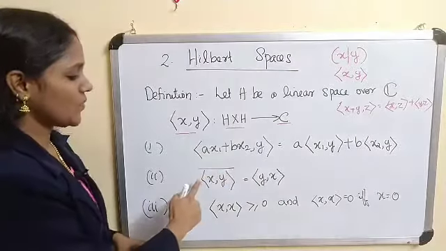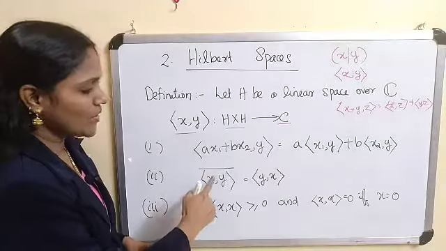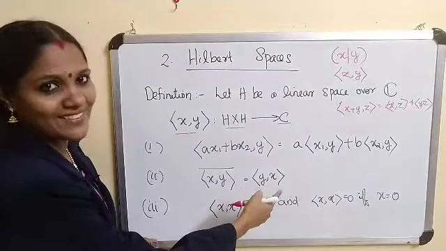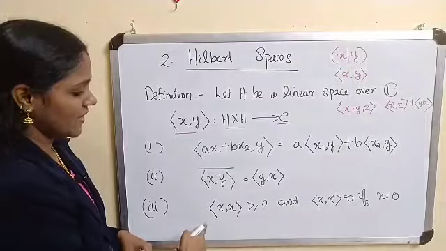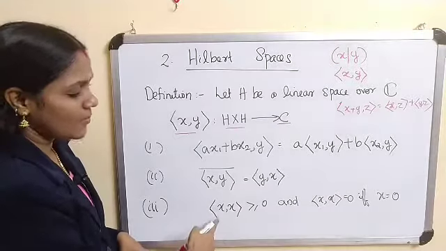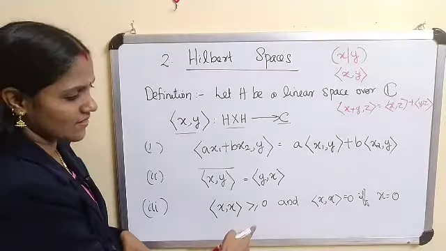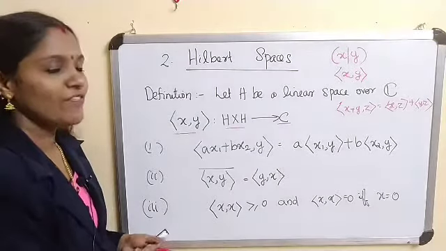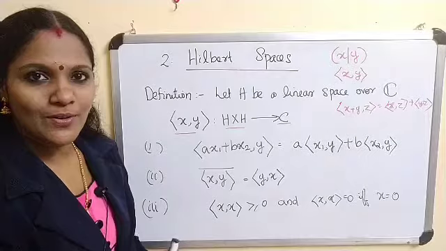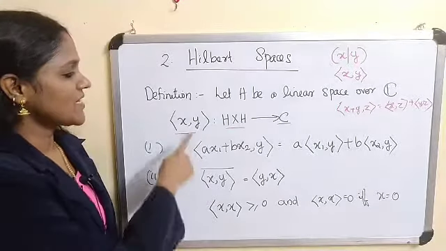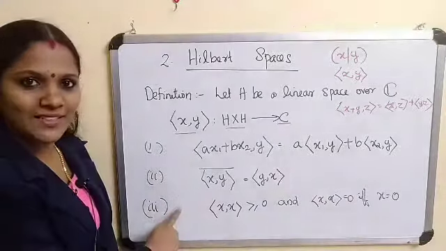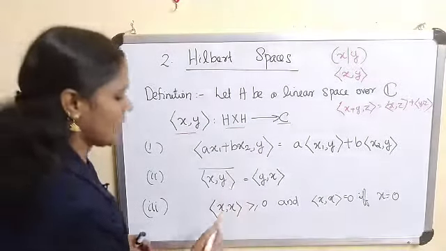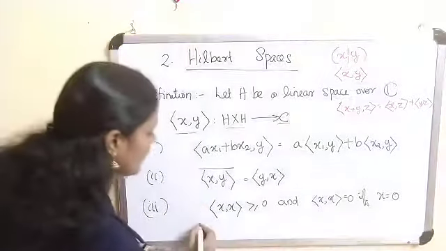Next one, conjugation: the conjugate of the inner product of x, y is equal to the inner product of y, x. And the last one is non-negativeness: inner product of x, x is greater than or equal to 0, and inner product of x, x equals 0 if and only if x is equal to 0. If a function satisfies these conditions, then this function is called an inner product.